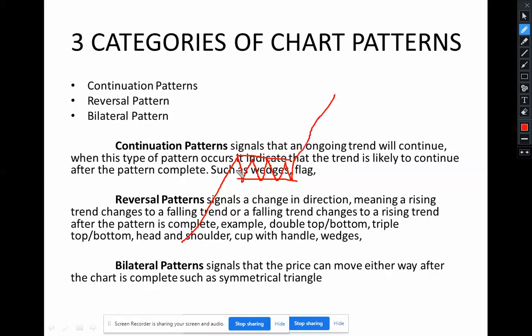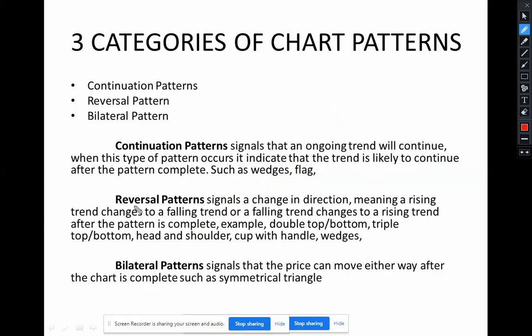We call this type of pattern a continuation pattern. We have the wedge, something like this, that continues to the upside. So those are the continuation patterns we have, the flag pattern and the wedges.